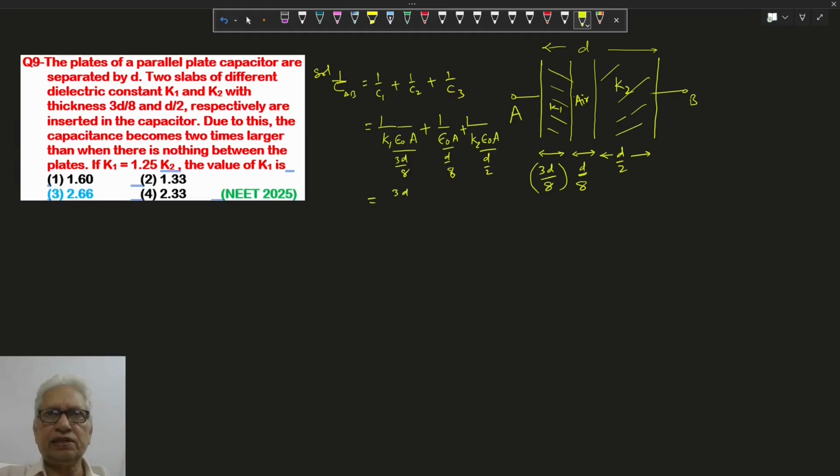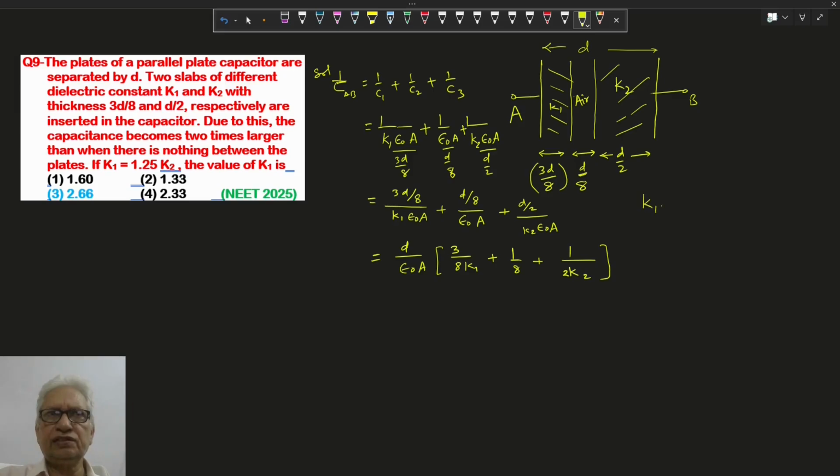This goes up: 3d by 8 upon K1 epsilon naught A, d by 8 upon epsilon naught A, and d by 2 upon K2 epsilon naught A. Taking d upon epsilon naught A common, it will be 3 by 8 K1, and 1 by 8, here 1 by 2 K2, plus d by epsilon naught A common.